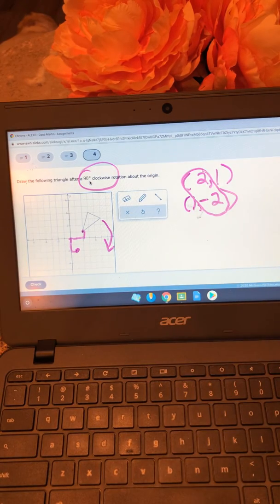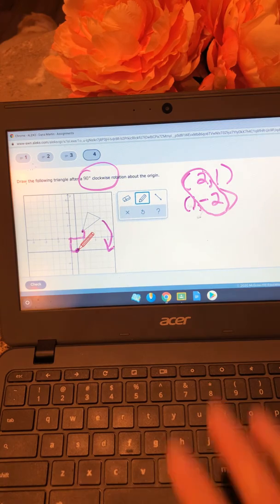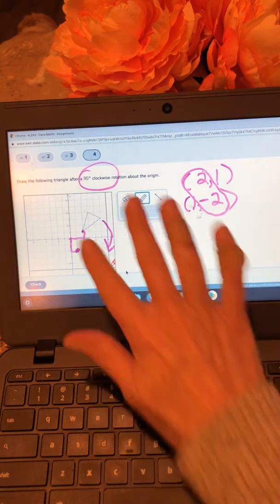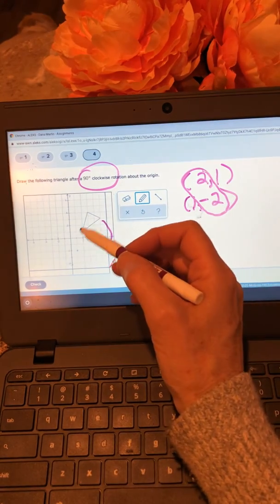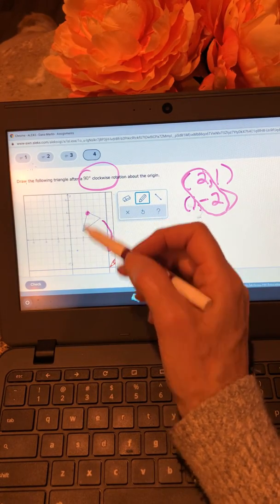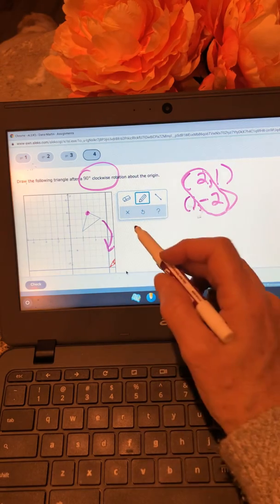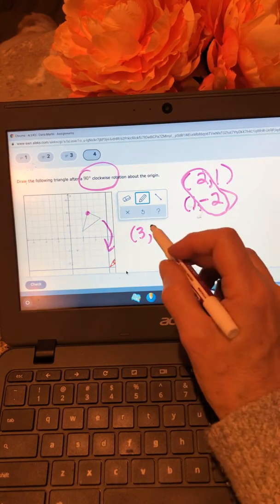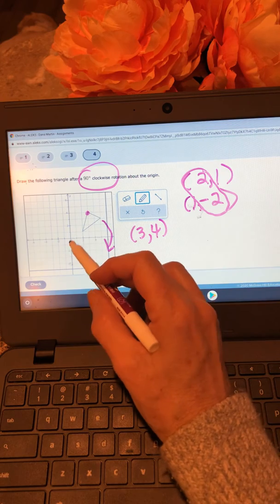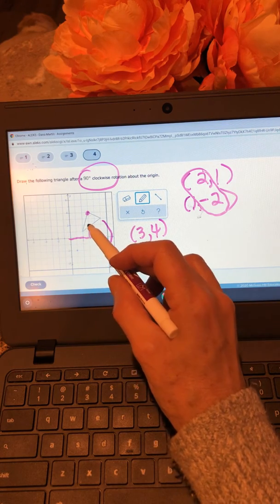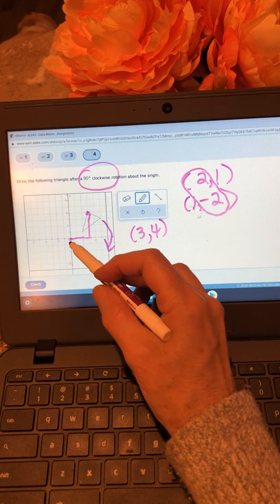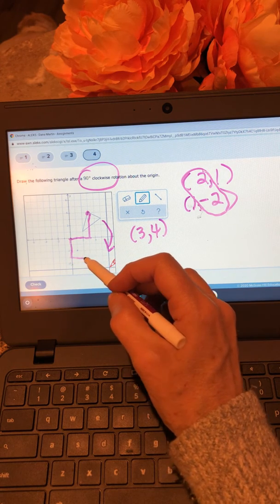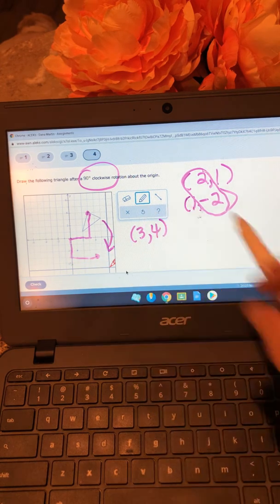All right, so I'm gonna go ahead and put a point there, and then I'm gonna erase all of this. There's my point. Now I'm gonna do this point. That ordered pair is 3 to the right and up 4. Now, if I want to turn it down, I'm gonna go down 3 and to the right 4, and that's where I end.